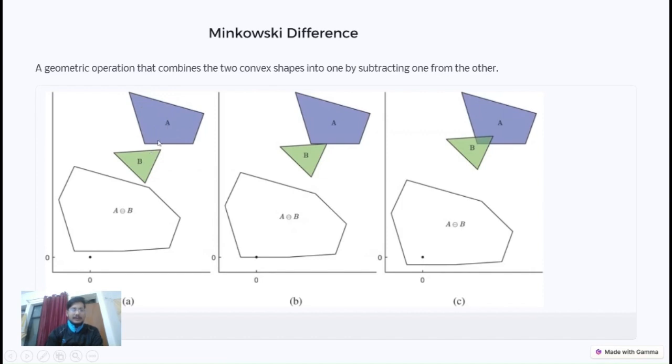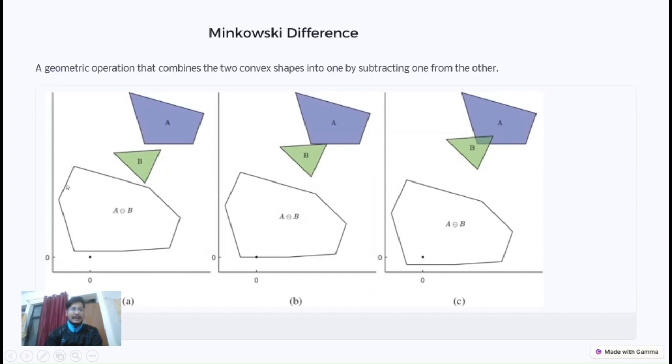We can see with our eyes that these two objects are colliding, but how will the computer get to know whether these objects are colliding or not? In order to give that insight to the computer, we take the help of these algorithms.